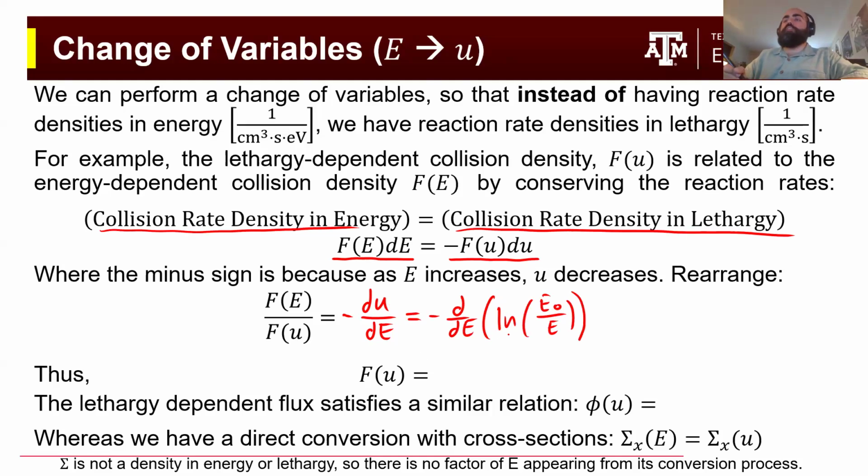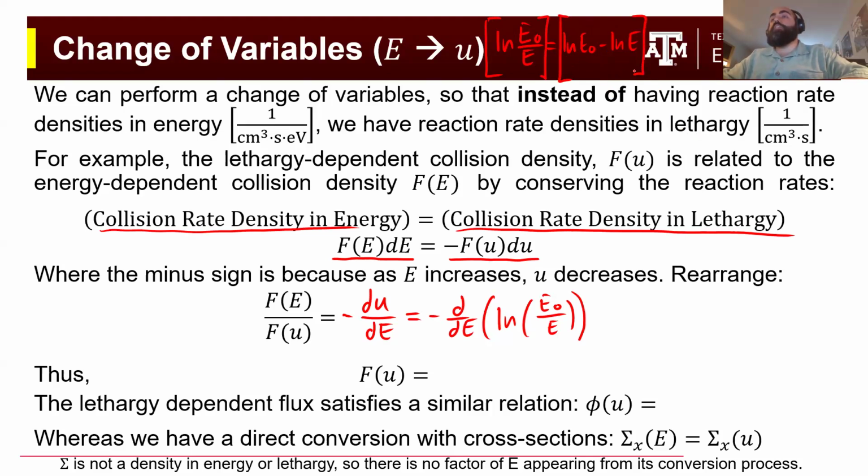If you're doing the derivative of a log, this might look intimidating because you have ln of something divided by something, but recall from properties of logs that ln of E0 over E is just ln of E0 minus ln of E. We're taking the derivative of this whole thing with respect to E, and E0 is a constant. So it's easier to take the derivative of this form. The first term is just a constant and its derivative is 0.